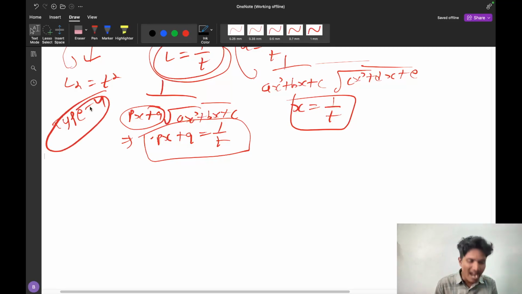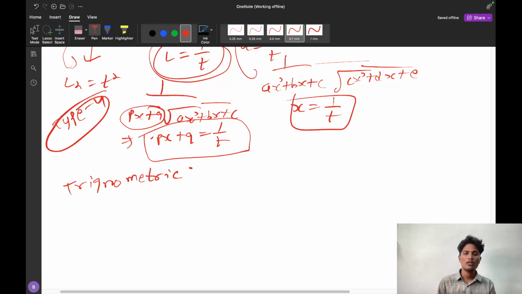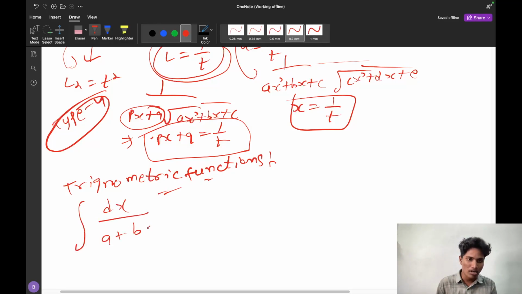And next comes the trigonometry. How to solve the trigonometric values. We can say trigonometric functions we can define. How to deal with the trigonometric values, that is how to integrate. Suppose the format is like this: integral dx divided by a plus b cos square x. That is the quadratic form. For this quadratic form, what we have to do? We have to divide numerator and denominator by cos square x.